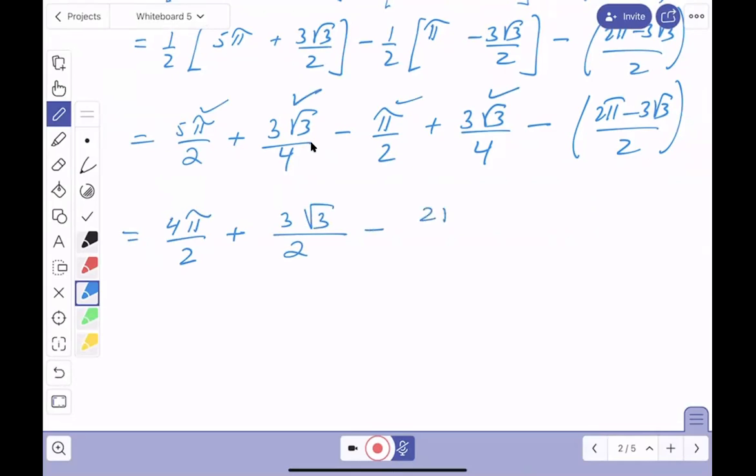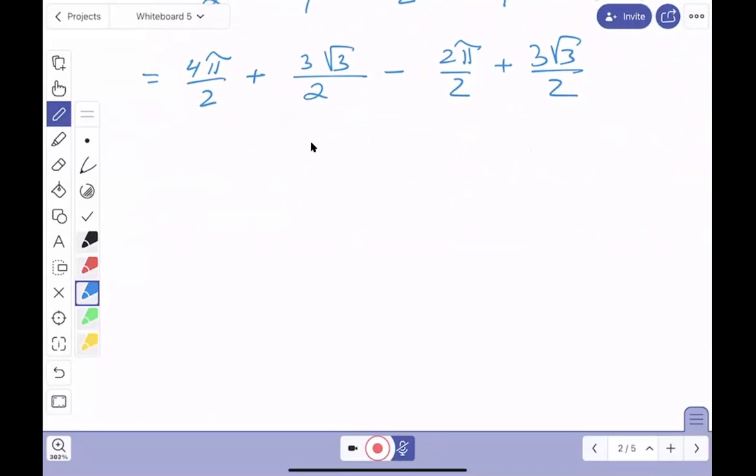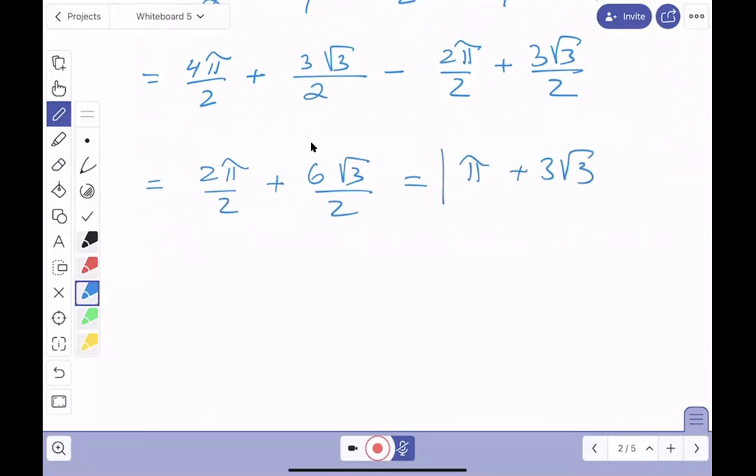Minus 2 pi over 2 plus 3 root 3 over 2. We get 2 pi over 2 plus 6 root 3 over 2, which is pi plus 3 root 3s.